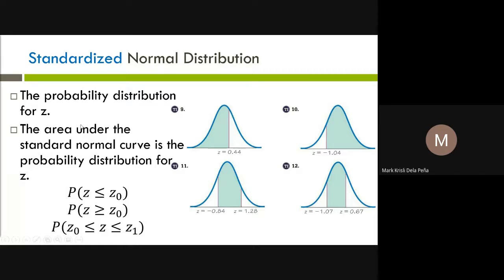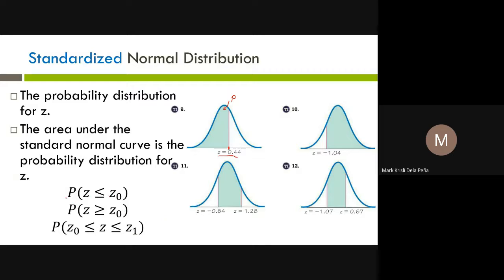So if you have here, okay, let me just use a pen. This shaded portion here, say for example, this point here is z equal to 0.44. So we will be calculating the area here, or the probability of z. The area under the standard normal curve is the probability distribution for z.